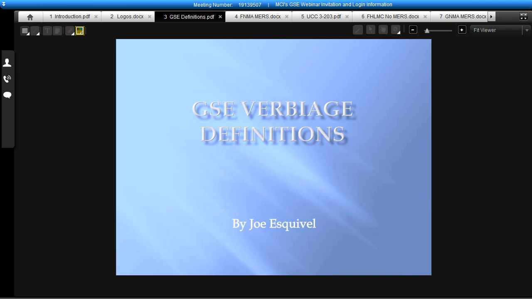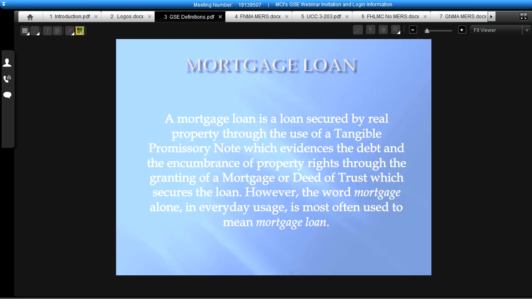One, what is a mortgage loan? A mortgage loan is a loan secured by real property through the use of a tangible promissory note, which evidences the debt and the encumbrance of property rights through the granting of a mortgage or deed of trust, which secures the loan.